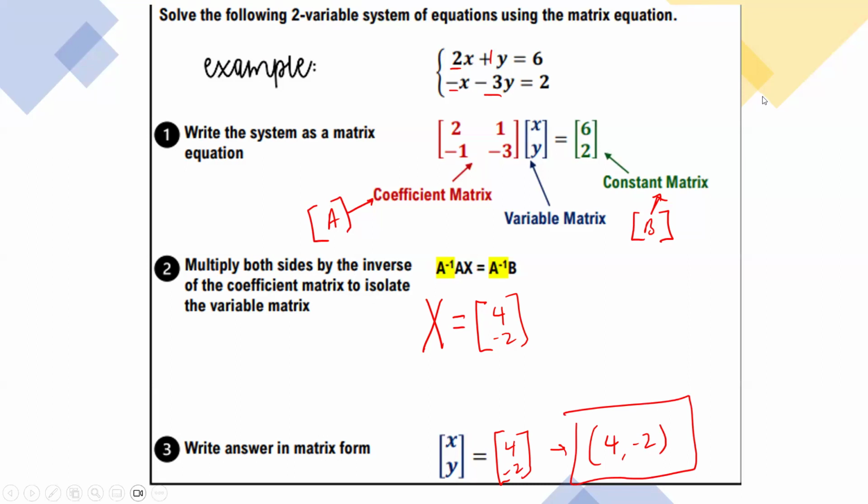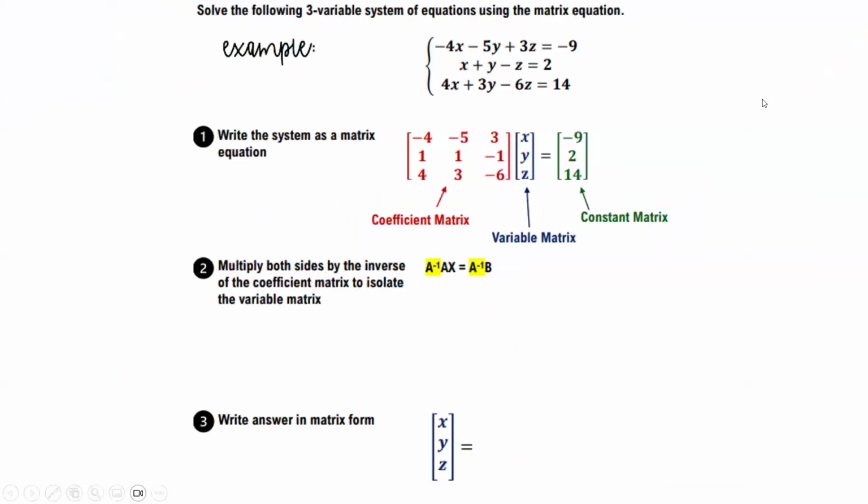This works regardless if it is a 2-variable or 3-variable system. You're still going to create your matrix. Your coefficient matrix is going to be your matrix A, and it's all of my coefficients. Remember, if a coefficient is missing, we put a 0 in it, and if a variable is missing, we put a 0 for its coefficient.